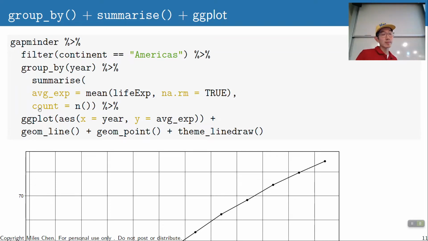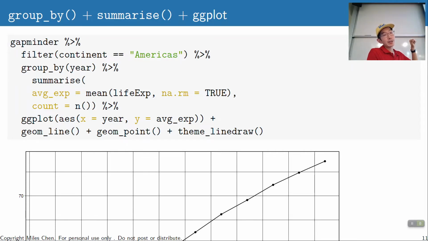Could you explain what group by does? It signals to R that when you calculate summary, don't do it for the whole group. The entire table has 1,704 rows. After I filter to the Americas, it has 300 rows.